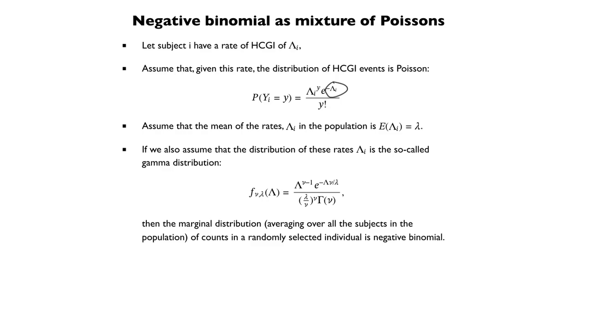This is another example of a latent variable model. It's a way to derive a model based on the latent variable that everybody has their own Poisson, and I don't actually measure what their underlying rate is, but I'm going to assume that their rate comes from a population where the mean rate is lambda. That's the new parameter of interest. It's not the rate, it's the mean rate.